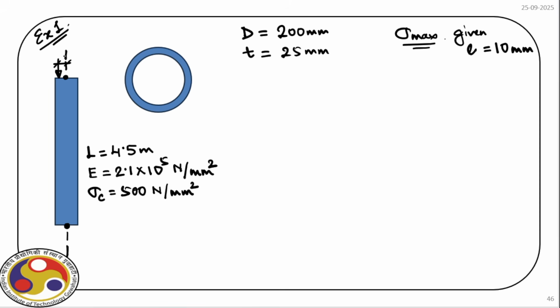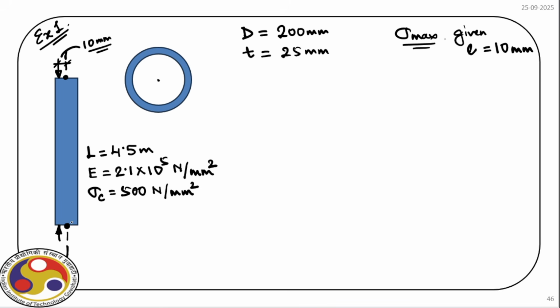So this small eccentricity is 10 millimeter. Obviously the figure is not to scale if you compare with this one, where the outer diameter is 200 millimeter, but we can follow the schematic diagram here. So we have the load with an eccentricity, right?